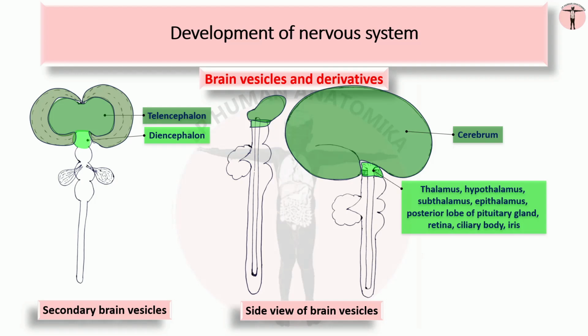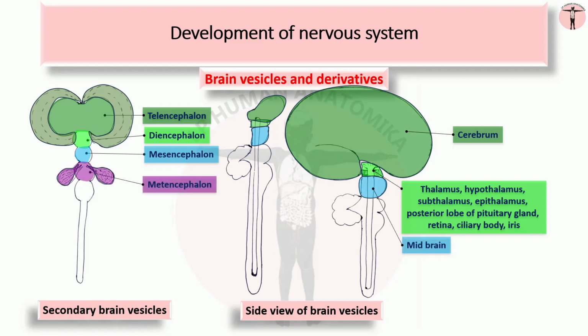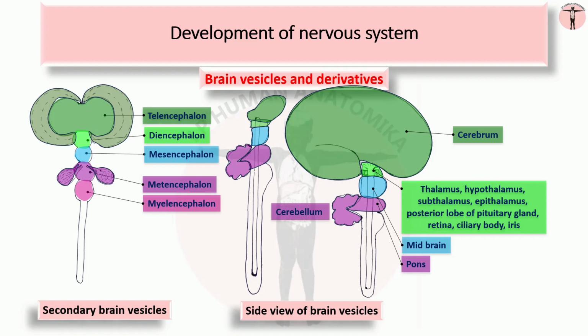The second dilatation, mesencephalon, gives rise to the midbrain. The metencephalon of the rhombencephalon or hindbrain develops into pons ventrally and cerebellum dorsally, and myelencephalon develops into medulla oblongata.